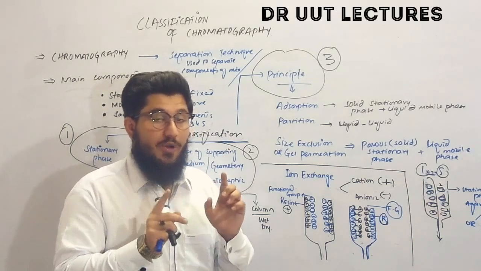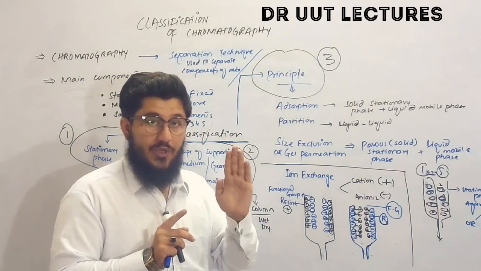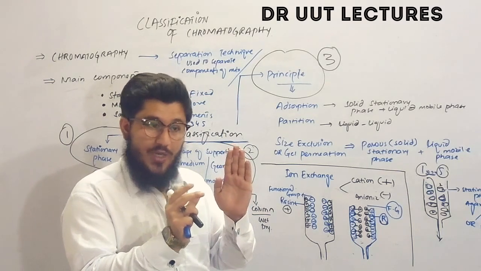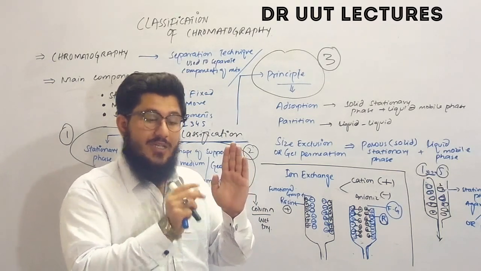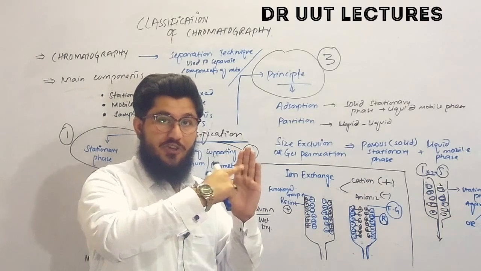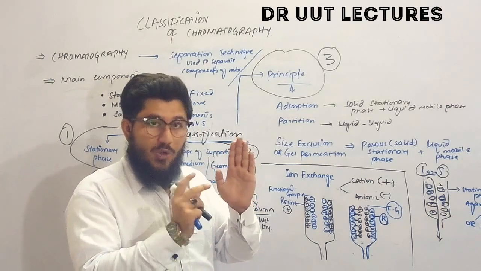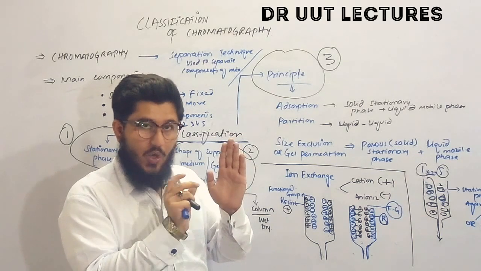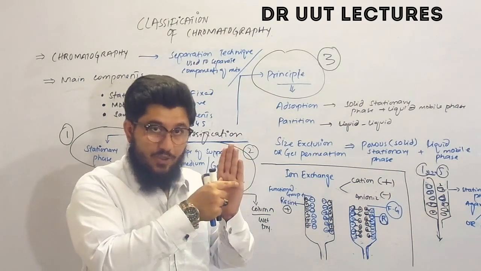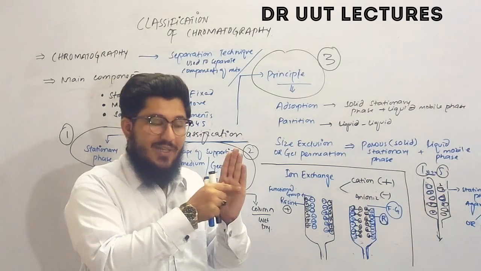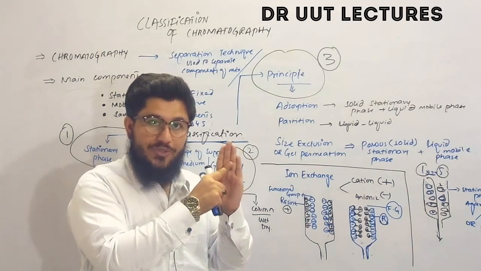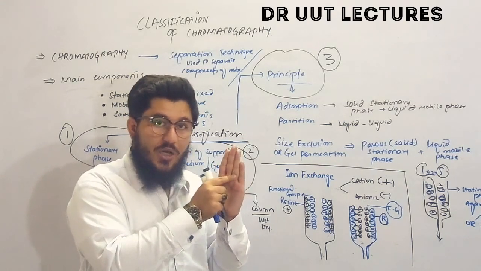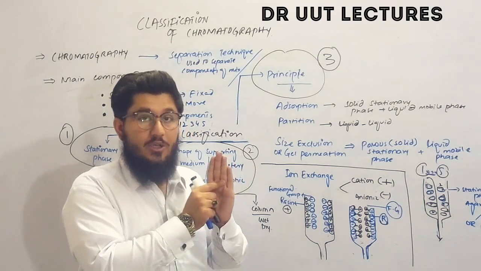Now remember one very important point. You have a stationary phase which is solid and a mobile phase which is liquid, and your sample that you are putting in between is now going to be separated by this stationary phase and mobile phase. So what will happen? One very important rule: whenever a gas or a liquid is adhering to the solid surface and staying on it, this adhesion is called adsorption.